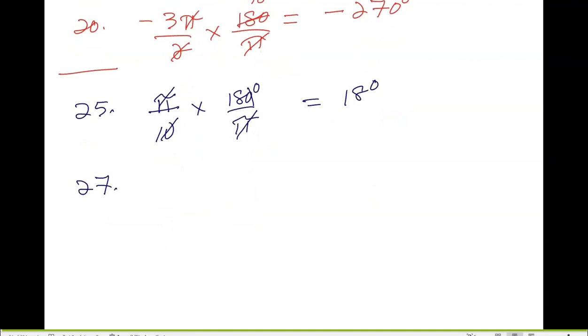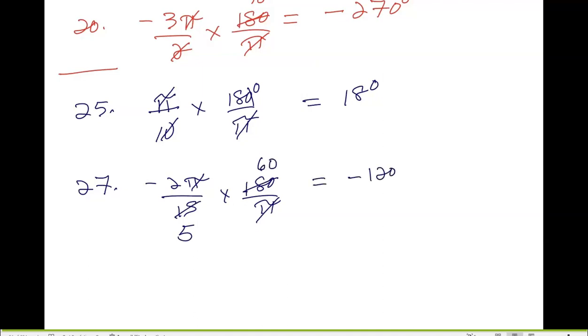27 is next. 27 is negative 2 pi over 15. Negative 2 pi over 15 times 180 over pi. So the pi's can cancel. Let's see, 3 goes into this 5 times, 3 goes into this 60 times, and I'm getting negative 120.